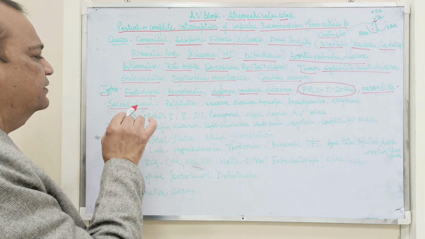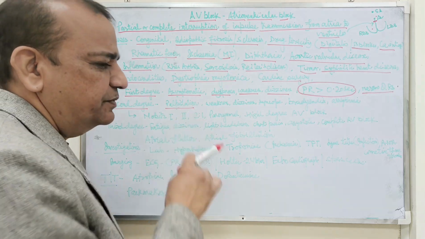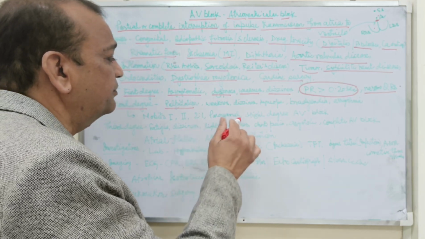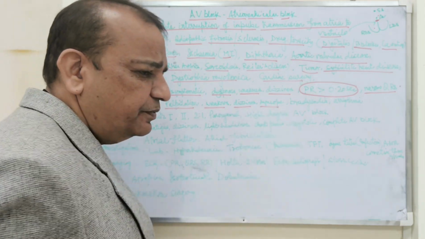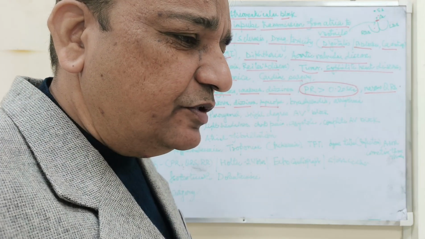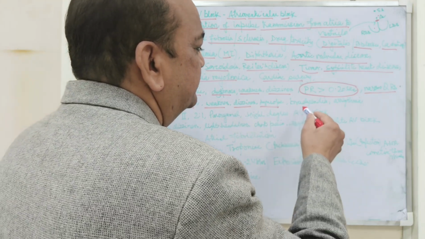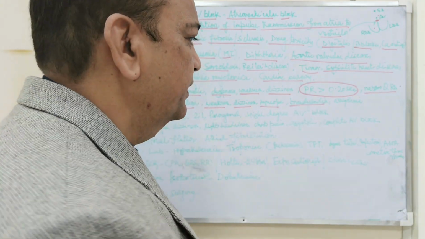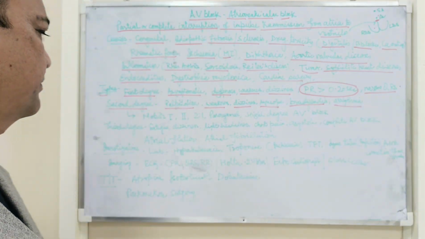The second degree AV block may have palpitations, means conscious feeling of the heartbeat, maybe weakness, dizziness, syncope. Syncope is a condition where sometimes the patient may fall down, like transient ischemic attack, or bradycardia, means slower heartbeat, or arrhythmia, means irregular pulse.